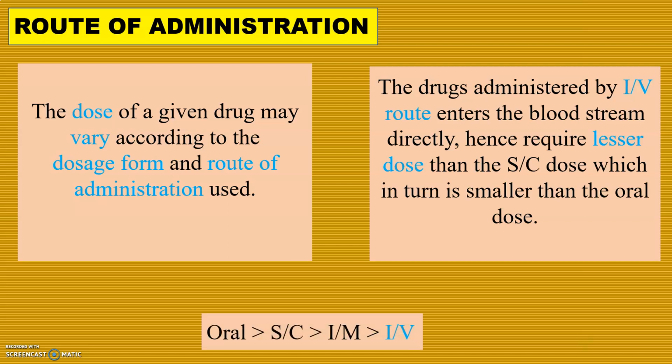Here we can see that dose required for intravenous route is lesser as compared to intramuscular route, whereas dose required for intramuscular route is lesser as compared to subcutaneous route, and finally dose required for subcutaneous route is lesser as compared to oral route.